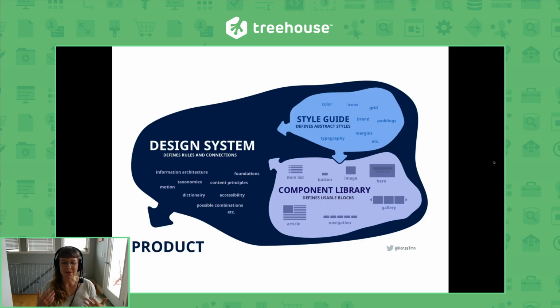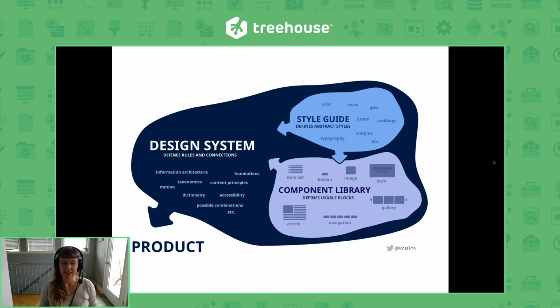So I found this image on Twitter, and I think it's really helpful to visualize it. So as you can see, the dark area is a design system. And then within that, you have a style guide, which includes a brand guide, color, margins, padding, and so on.